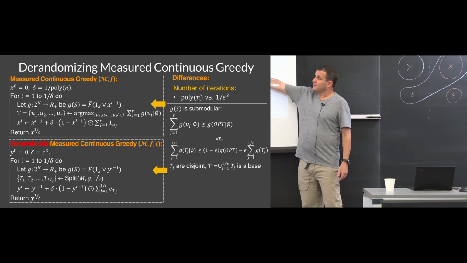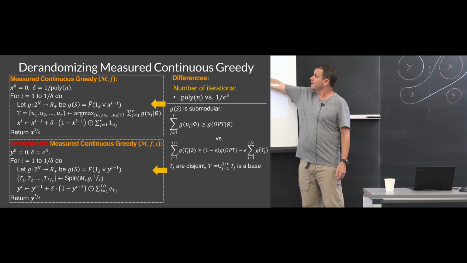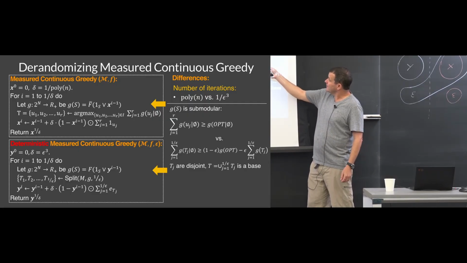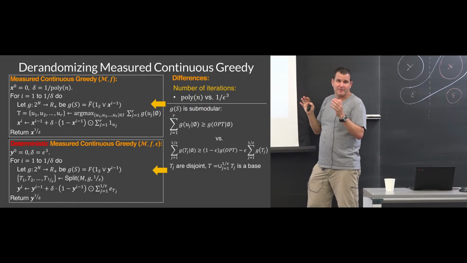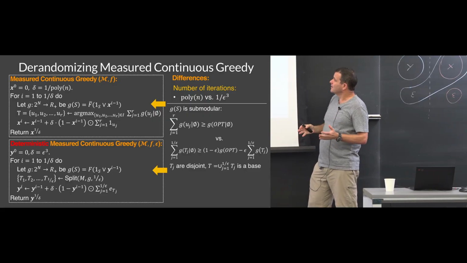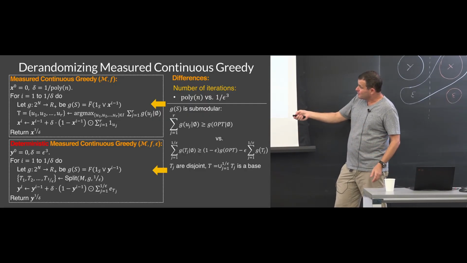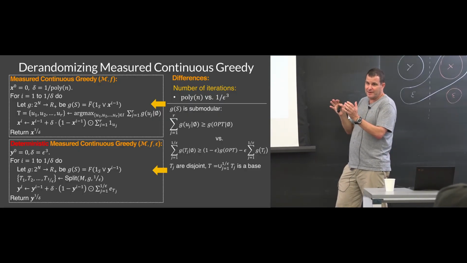The guarantee that we need in order to prove that this algorithm is good is that the sum of marginal contributions separately is at least the value of the optimal solution, the contribution of the optimal solution. We are able to do it with a very small number of boxes that contain many elements.